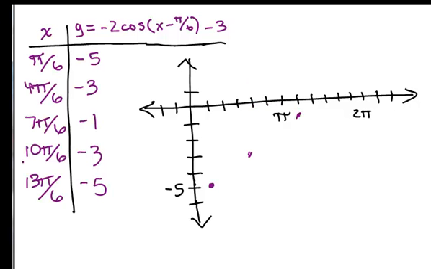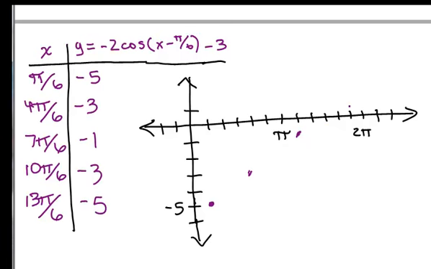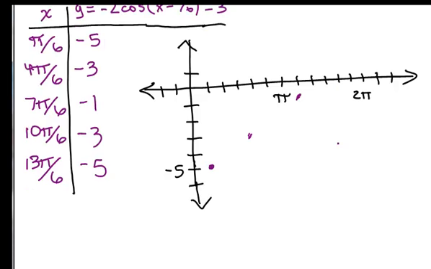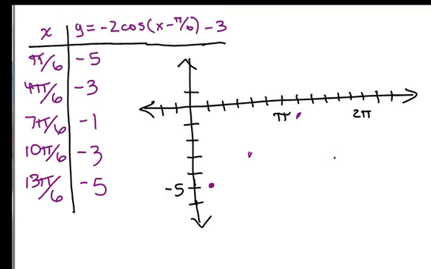Then we start going down over to 10 pi over 6. Down here. Gosh, technical difficulties. I don't know why this is happening. Yeah, we got this, and then we've got 13 pi over 6. It's over there where we ended up. Okay, so the way it goes is basically it's going up.